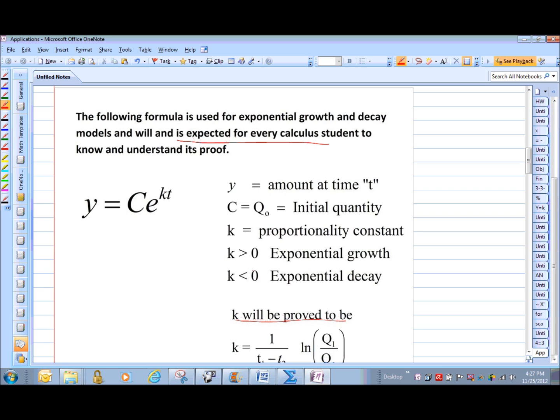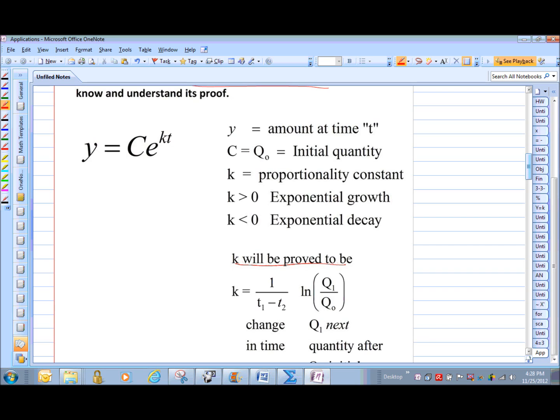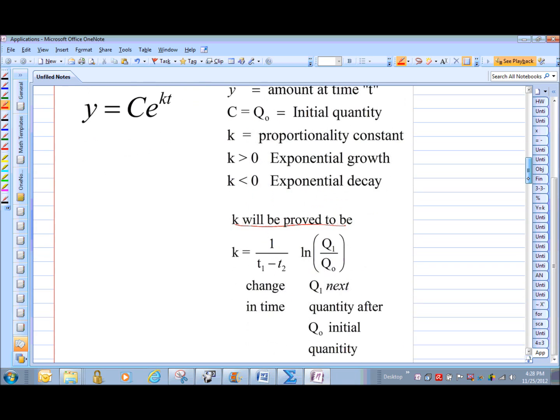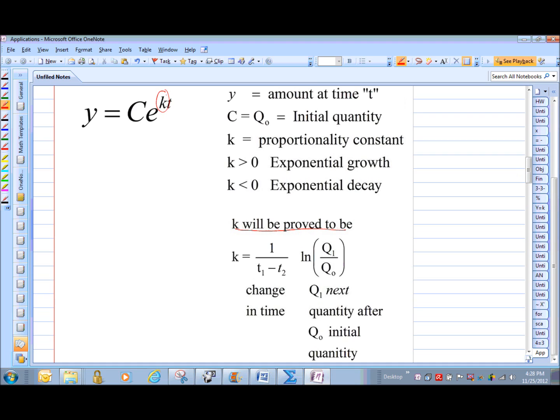If K is greater than 0, we'll have growth, and if it's less than 0, we'll have decay. Here is the part you really need to focus on in terms of K. K is equal to 1 over the change in time, if we have information about what has occurred over time, times the natural log of the second quantity over the initial quantity.